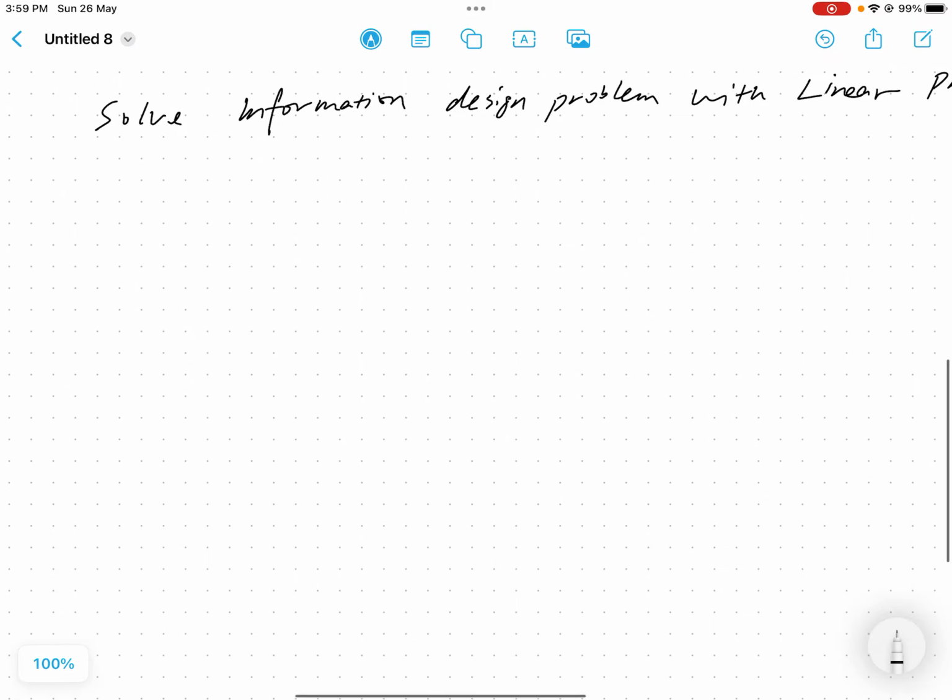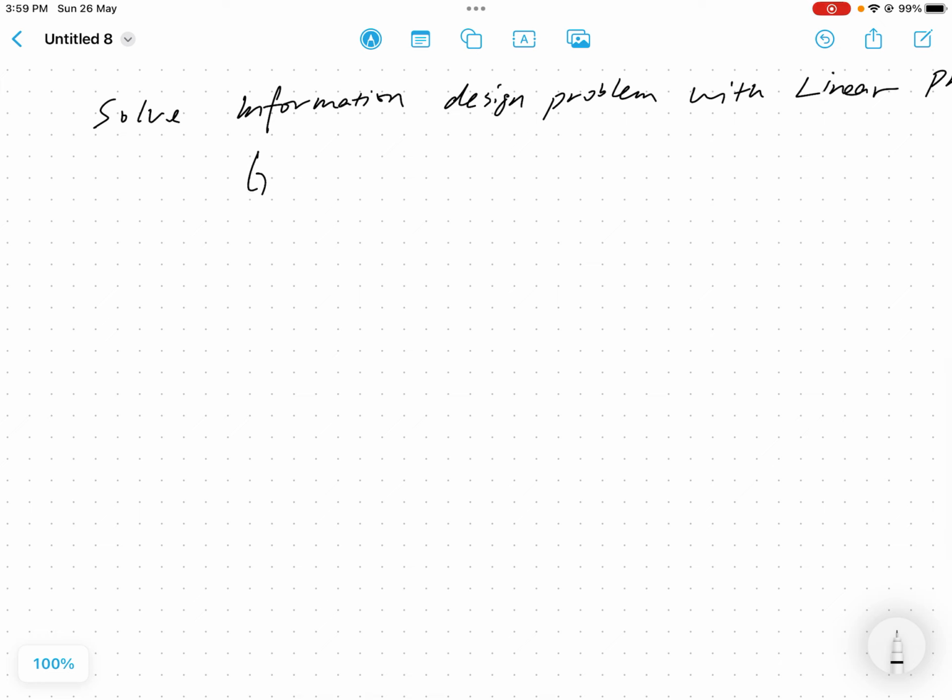So recall that the basic game G has some elements, some ingredients. So we have the action set A_i, utility u_i for all those decision makers i, and a state space Omega, and the prior mu naught.